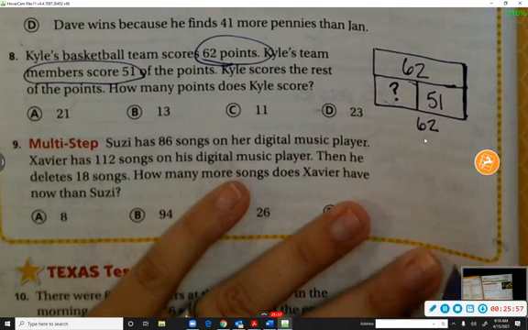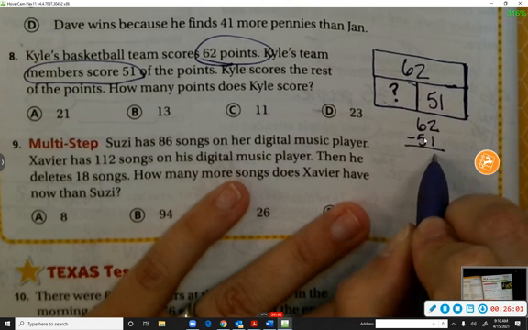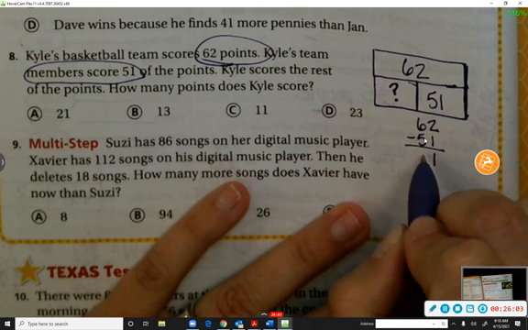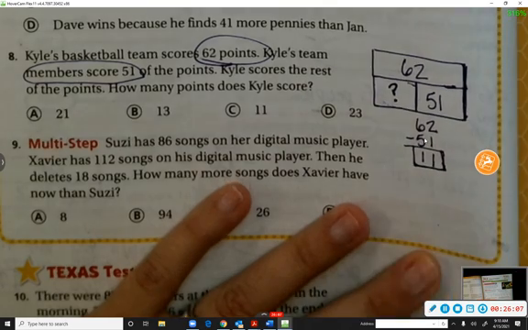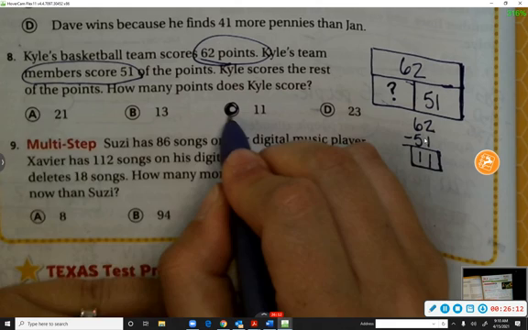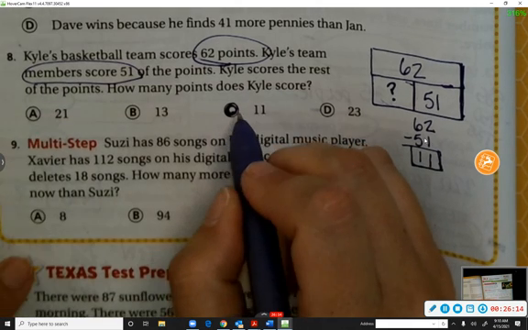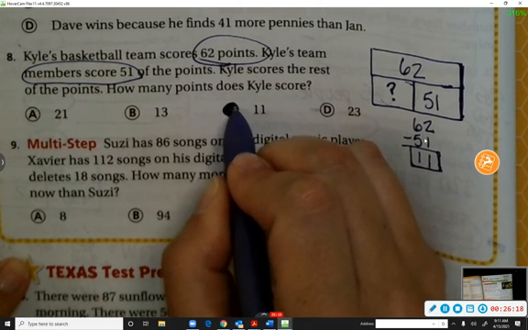So 62 minus 51, 2 minus 1 is 1, 6 minus 5 is 1. Don't make a mistake on your subtraction, because they have that answer if you had accidentally put 2. Okay?